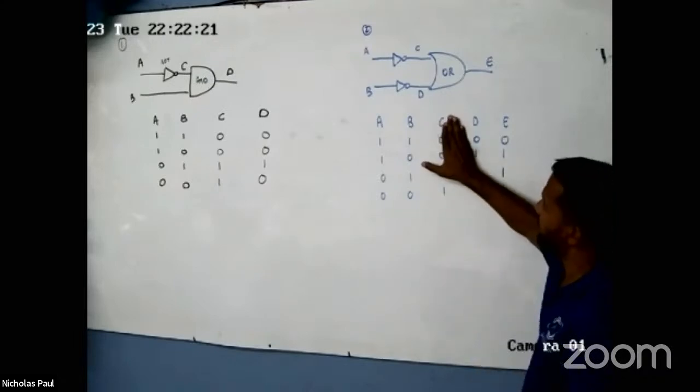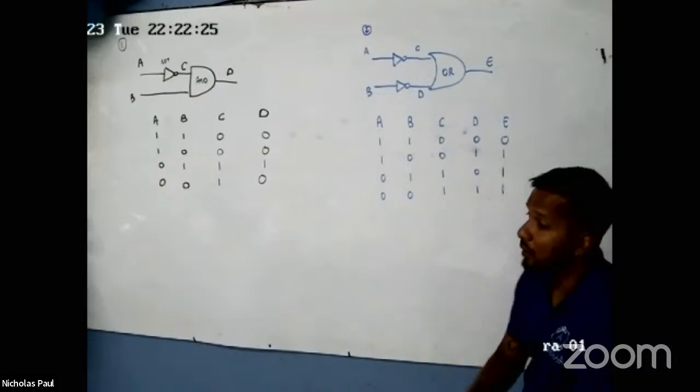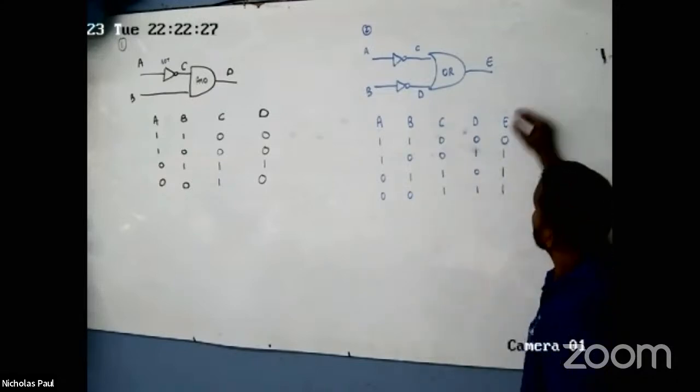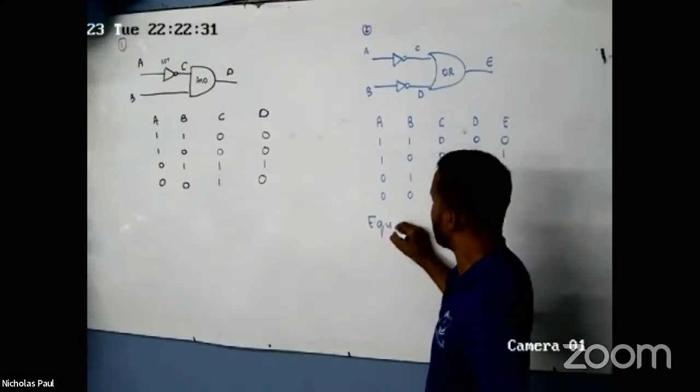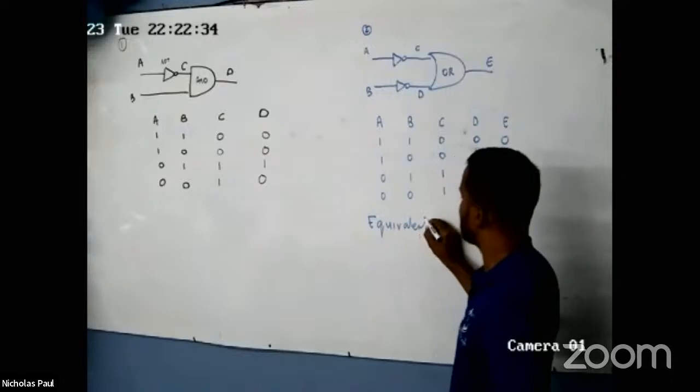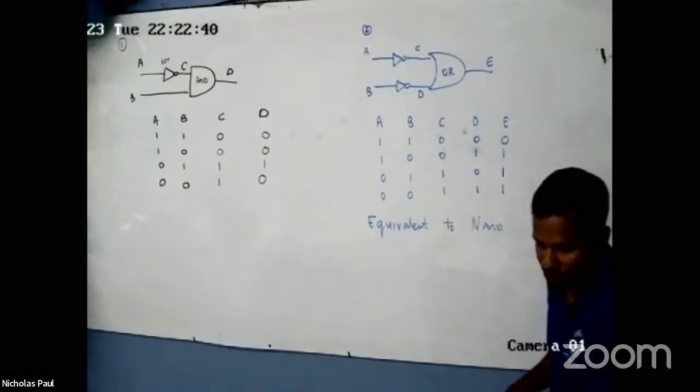Check and see which gate behaves like A, B, and E. NAND. Right? So these gates that we did here, we can say are equivalent to a NAND gate.